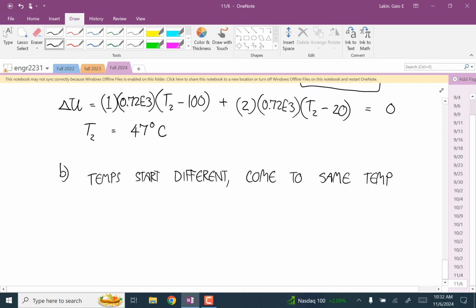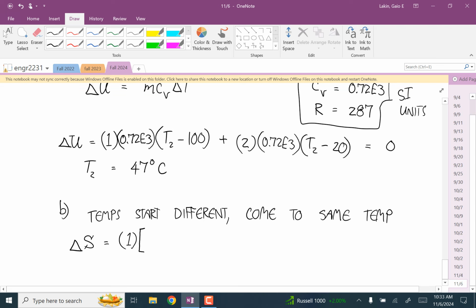And so our change in extensive entropy is the mass of the stuff that starts at a higher temperature times, and now we're going to use that change in entropy formula.